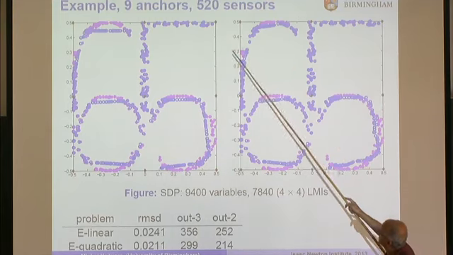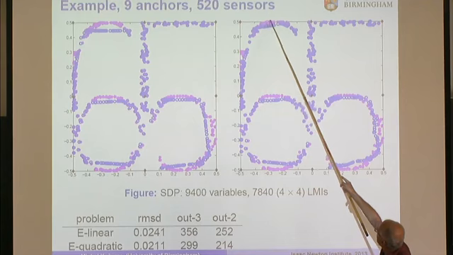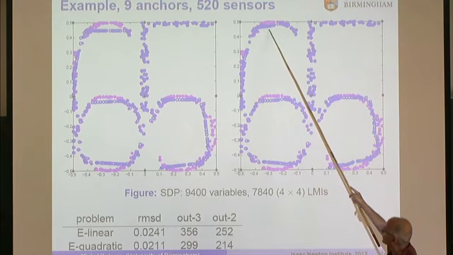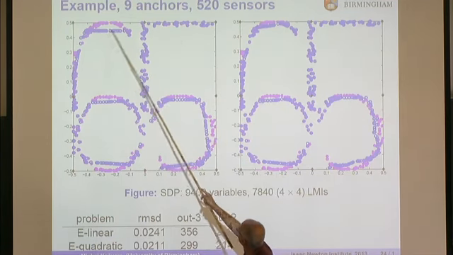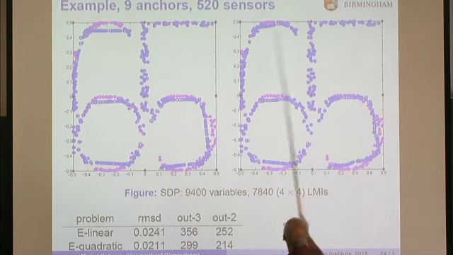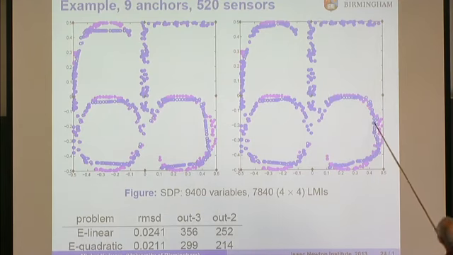Sorry, I forgot to say, the red nodes are the original positions. That's what we want to find. The blue ones are the computed ones. So that's my solution, and you see there is a bigger error here than in here. Here, those were located exactly. Again, there is slightly smaller error here than in here.